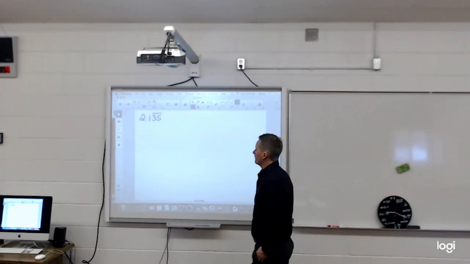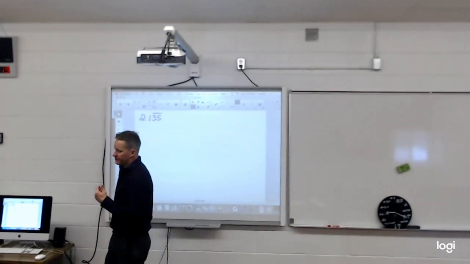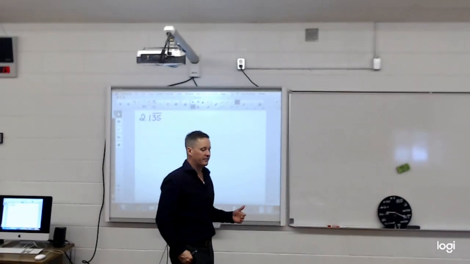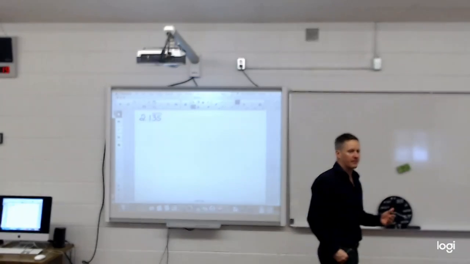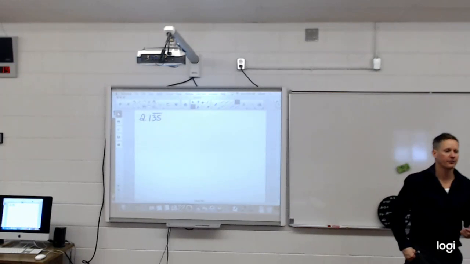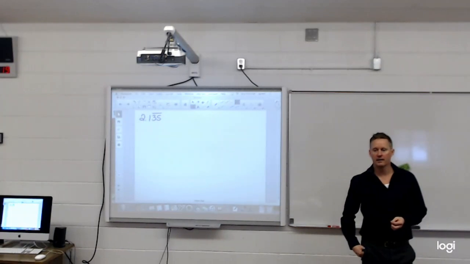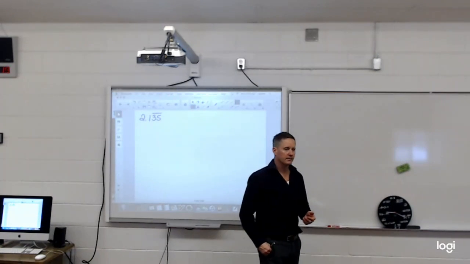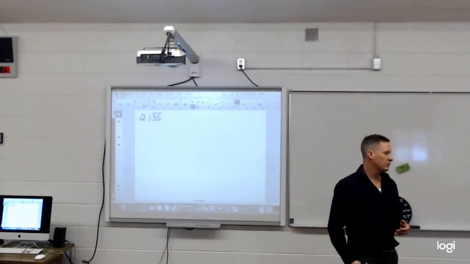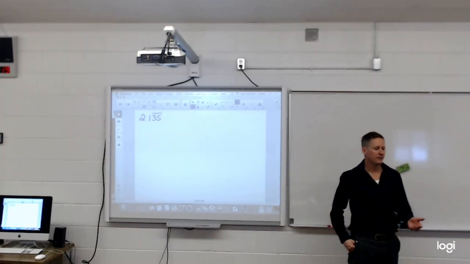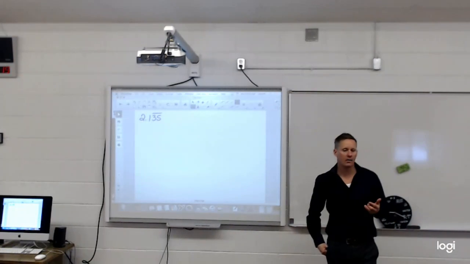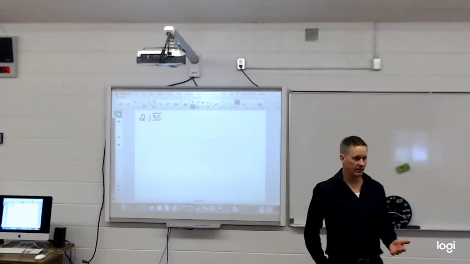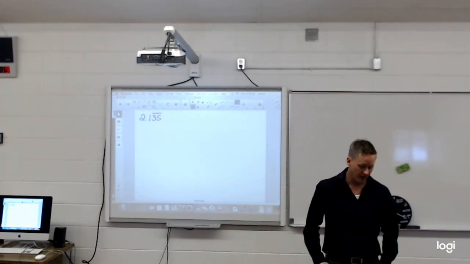We understand that a repeated number is a rational number, meaning that we should be able to put it into a fraction. 1/3, for example, is 0.3 repeat, 2/3 is 0.6 repeat. So we should be able to put this into fraction form. We're going to use our infinite geometric series equation in order to change this to a fraction.